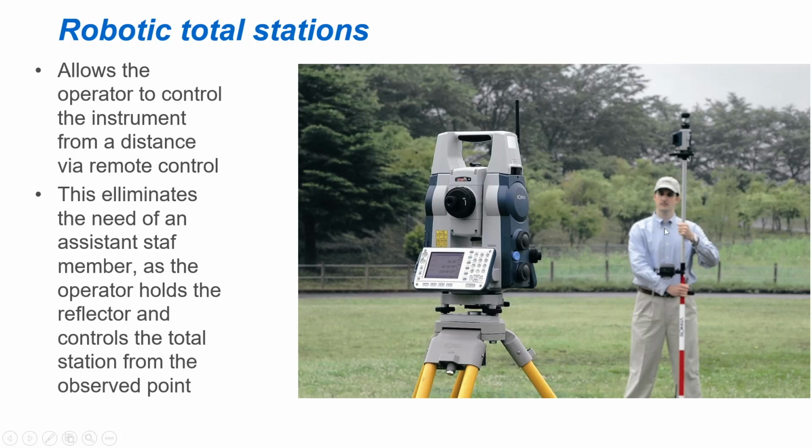While the operator moves in the field, the robotic total station follows him automatically and can make a measurement. It finds the reflector itself, and one operator can do all the necessary work with this robotic total station.